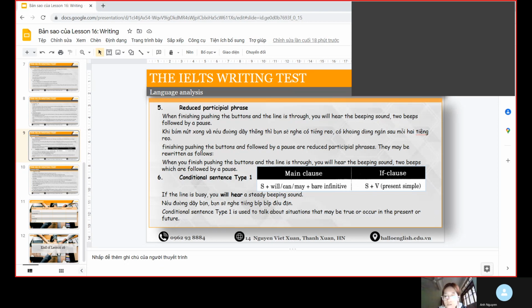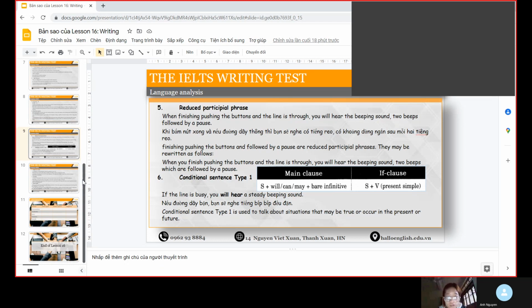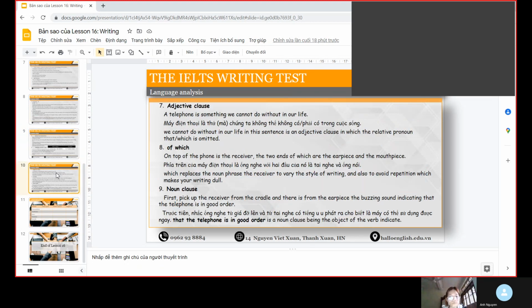Okay, thank you. If you already know the three types of the conditional sentences, I think I don't have to explain any further.